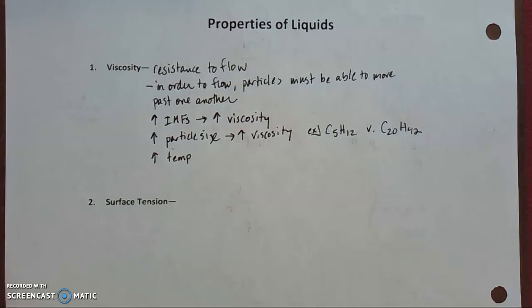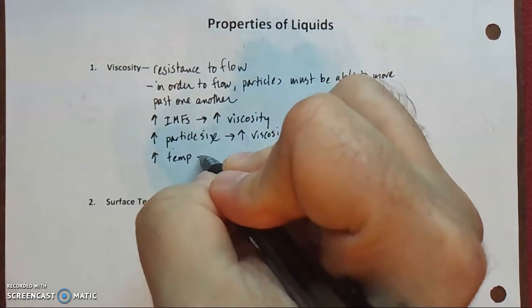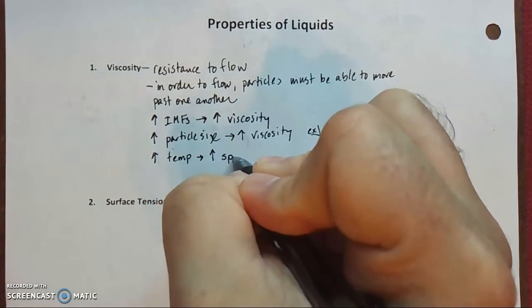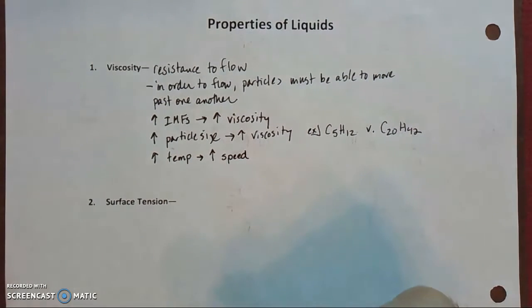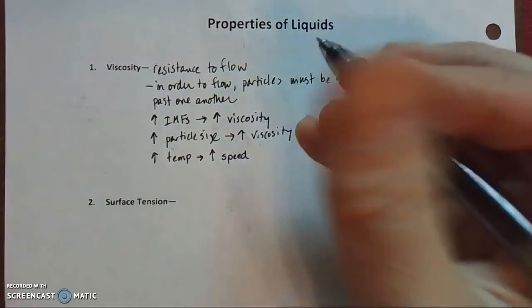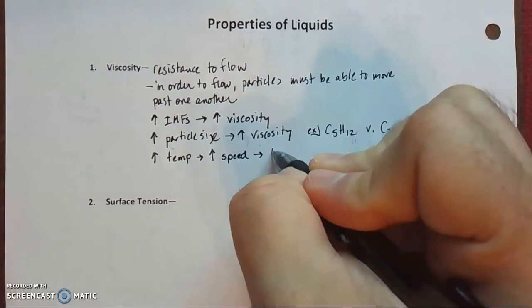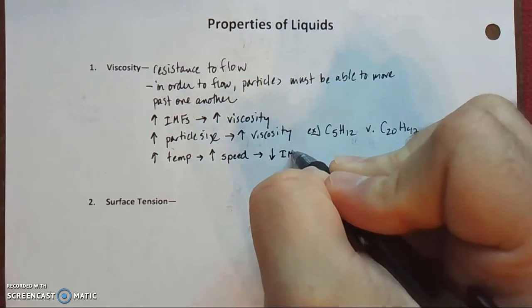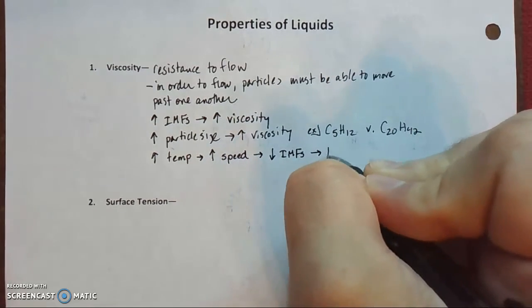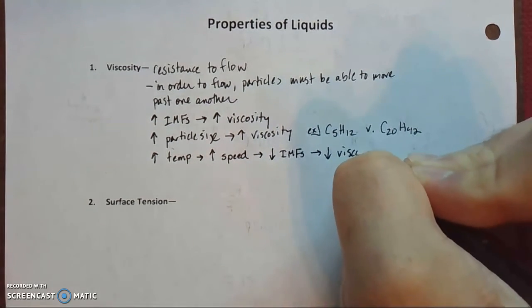That's because if you increase the temperature, you increase the speed of those molecules, which means that the intermolecular forces are not going to be able to hold on as much. Because you're increasing the speed, you increase the distance between the molecules. So this tends to decrease the effectiveness of the intermolecular forces and decreases viscosity.